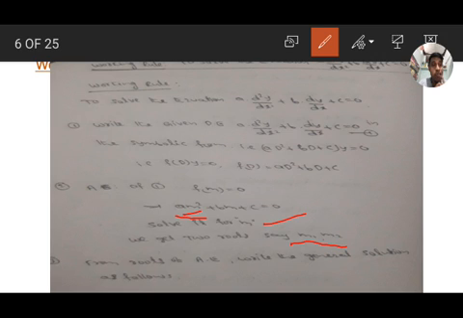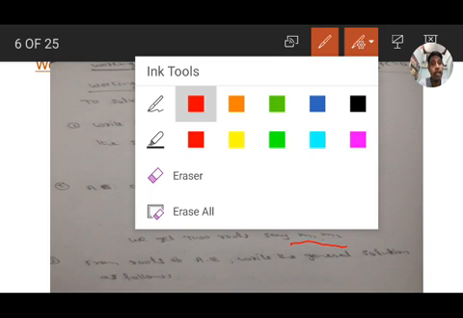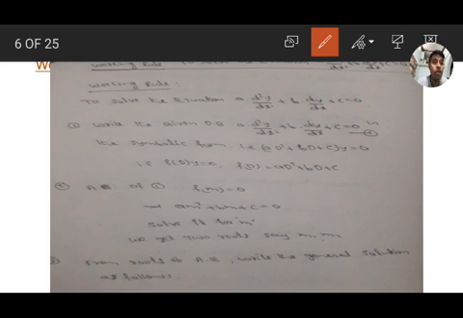In the second step, we write the auxiliary equation and solve it for m; we get 2 roots, first one m1, second one m2. That is the second step. In the first step, symbolic form; in the second step, the auxiliary equation and its solution.